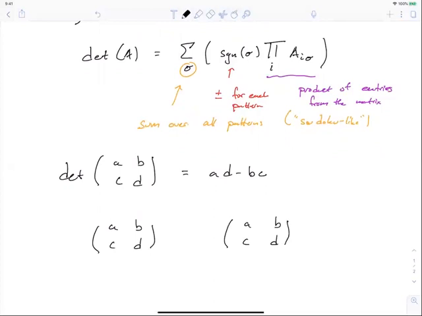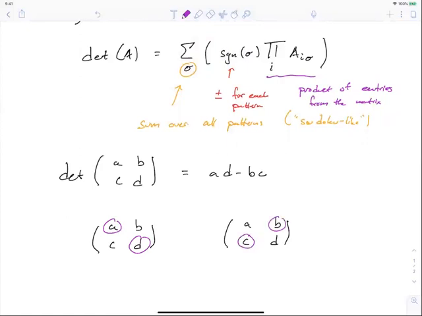One of them is going to be the AD pattern. And when we mean a Sudoku-like pattern, it means that in every row and every column, there's exactly one entry that we've chosen. So in this case, AD, there's exactly one in the first column, that's A, one in the first row, that's A. And similarly, there's exactly one in the second row and one in the second column. So AD is one pattern, and there's another pattern, which is this BC pattern.